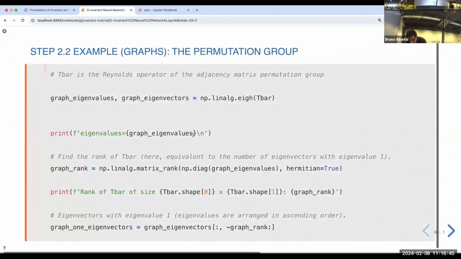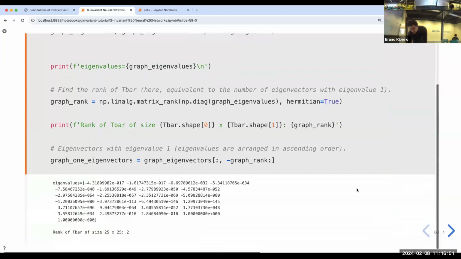So let's see for the permutation group of graphs. And I can guarantee you that you'll be disappointed by this one. So I am looking for the Reynolds operator of the permutation over graphs, okay? I want to get a graph as a vector and then learn an output from a neural network that is invariant to permutations of the adjacency matrix, okay?